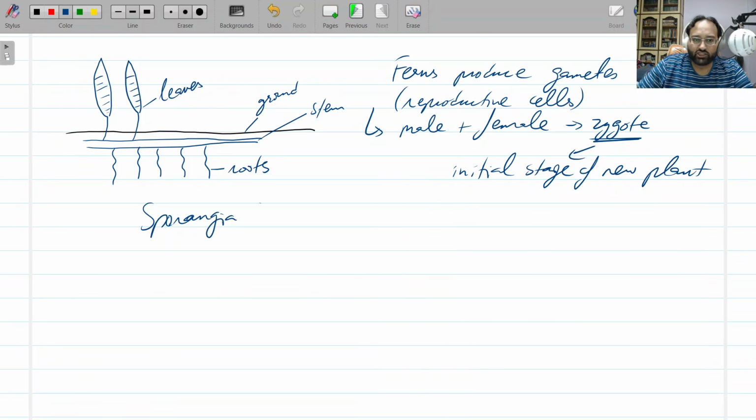So sporangia are capsules, like containers for spores, and those spores contain these new plants.